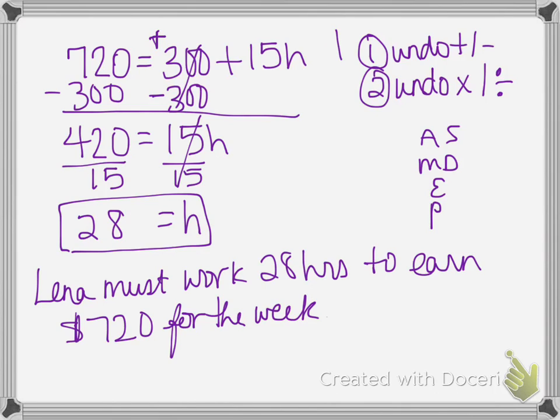So keep in mind, these are our two key pieces right here: undo add, subtract, undo multiply, divide. Let's try one more example. What if I told you, and I'm going to give you another situation here, Melanie needs to record a new CD. She's going to decide she can spend as much as $8,000 on studio time.